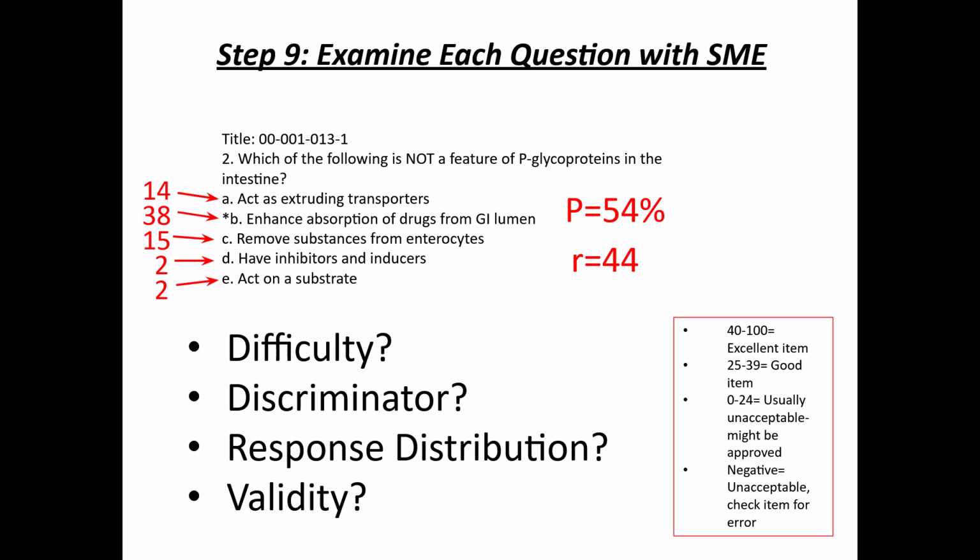But as we just talked through, as you talk through what it might actually be testing, it's not necessarily testing the student's knowledge of P glycoproteins. There may be a significant portion of your students that are getting tricked up because it's actually testing their ability to think beyond these negative stems and double negatives, et cetera.